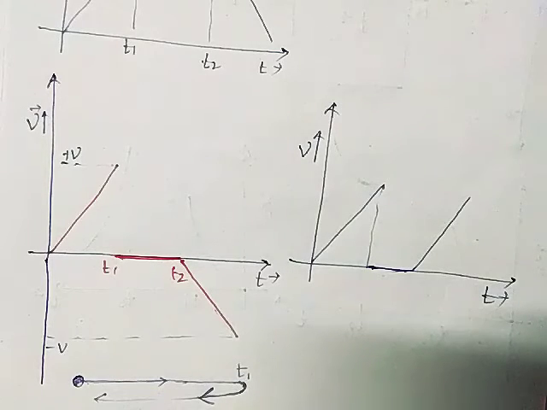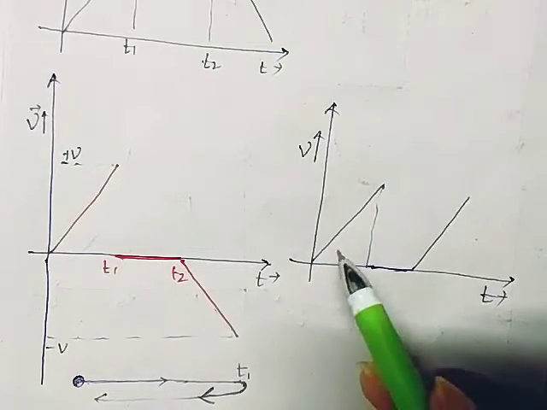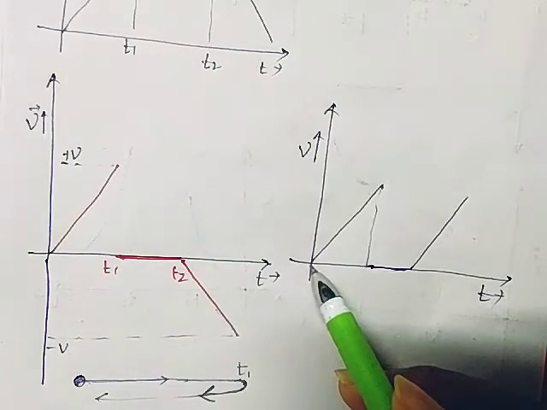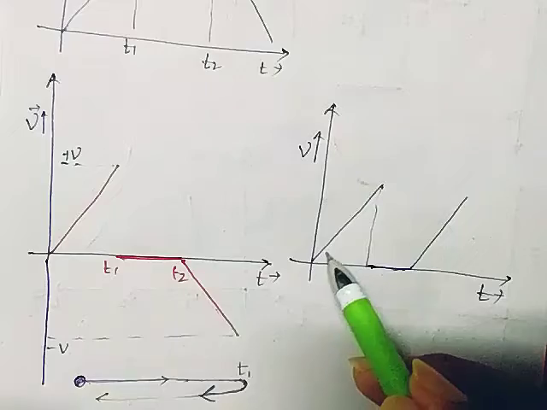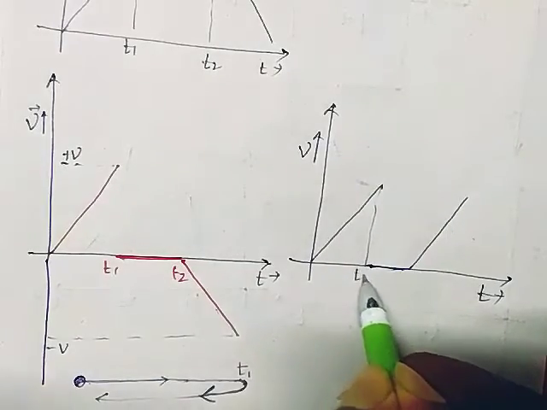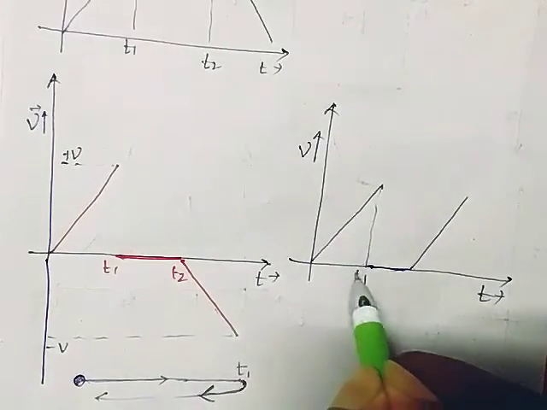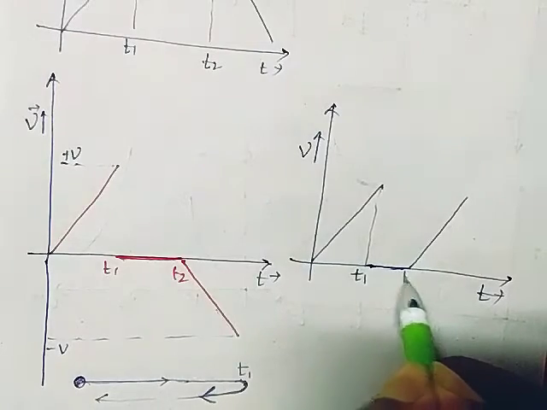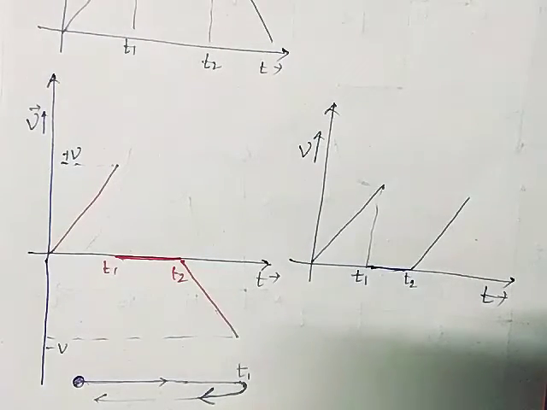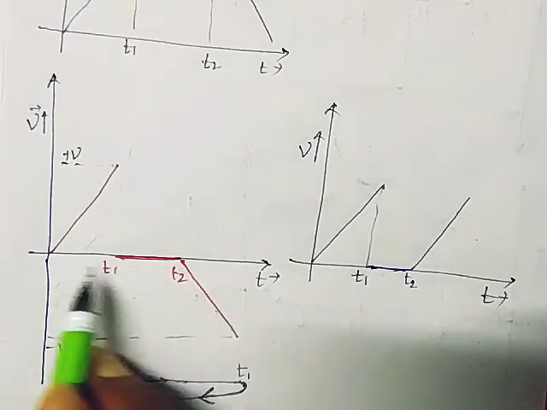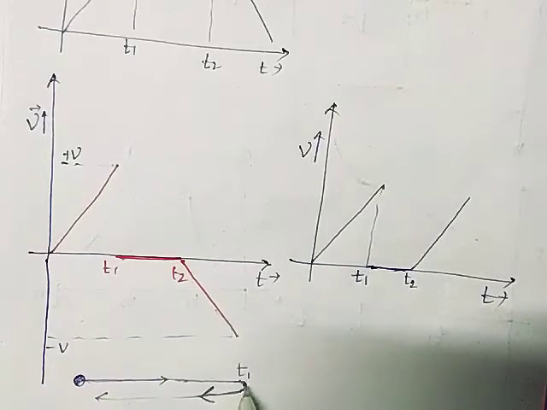Speed is only about the value, whether it is increasing or decreasing; in which direction it is increasing does not matter. So, like the velocity, the speed is also increasing after time interval t1, and it will obviously become 0 because the velocity is 0. It takes a momentary pause up to the time t2.